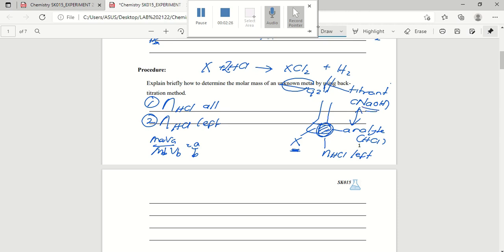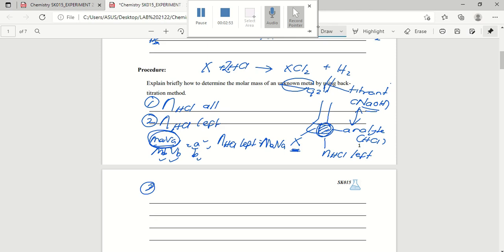So we can find it from the formula of titration. Okay, so we want to find nHCl left here by taking MAVA. This is what we want to find, and all the other things we can insert the value.